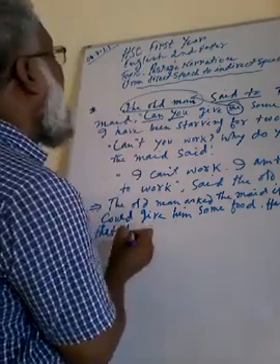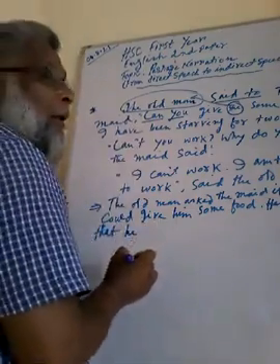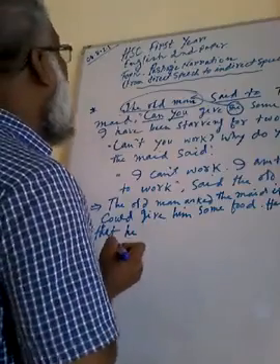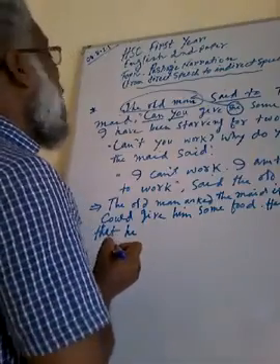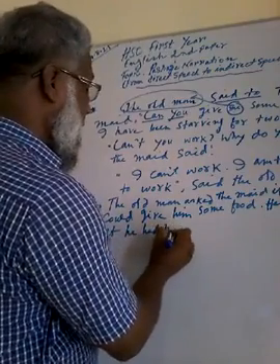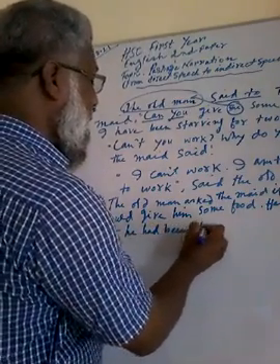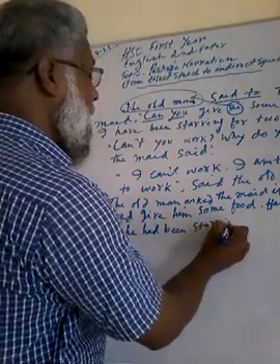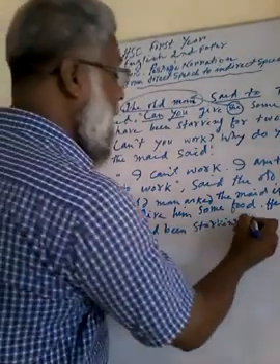He, have been, present perfect continuous, have been starving, should be changed into had been starving. He had been starving for 2 days.